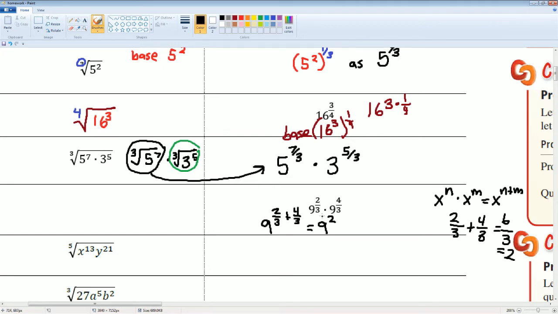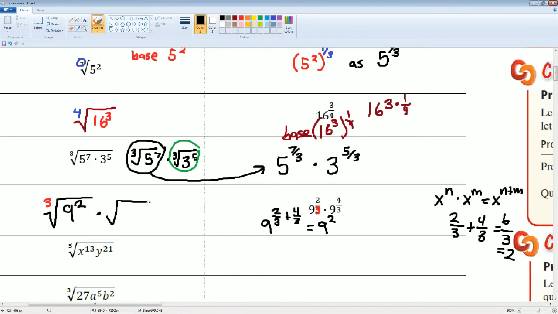Well, the base here is 9 to the 2 over 3, do you see 9 to the 2? And the bottom number is 3. Do you see here? I'm going to just put red here. Do you see there's a 3 down here? So this is that 3 here. I'll multiply again.